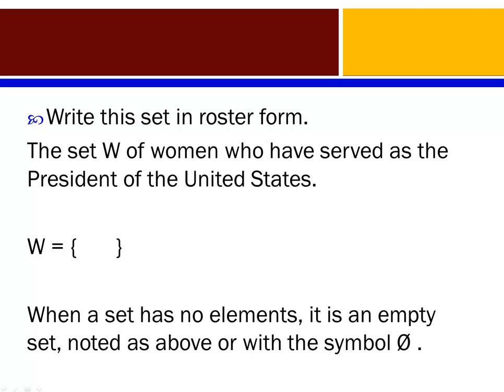When a set has no elements, it is an empty set, noted as above with the empty braces or with the symbol 0 with a slash through it, which is also known as the null set. So the empty set and the null set describe the same thing. They describe a set with no members or no elements.